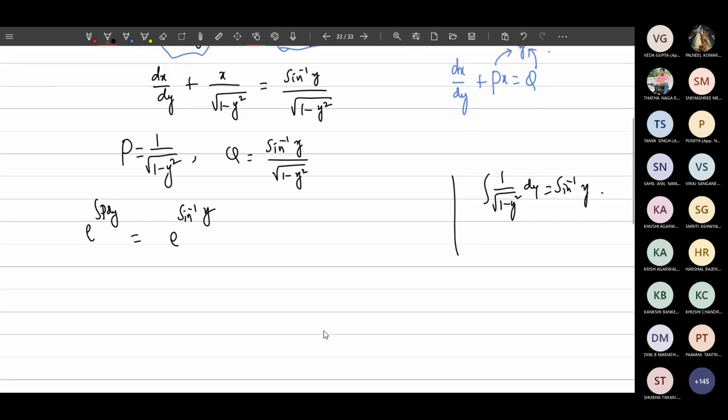So therefore the solution is x into e to the power of integral p dy equal to integral q e to the power of integral p dy dy plus c.